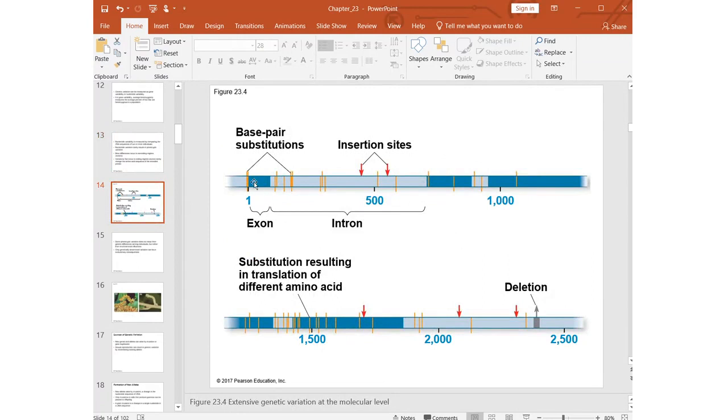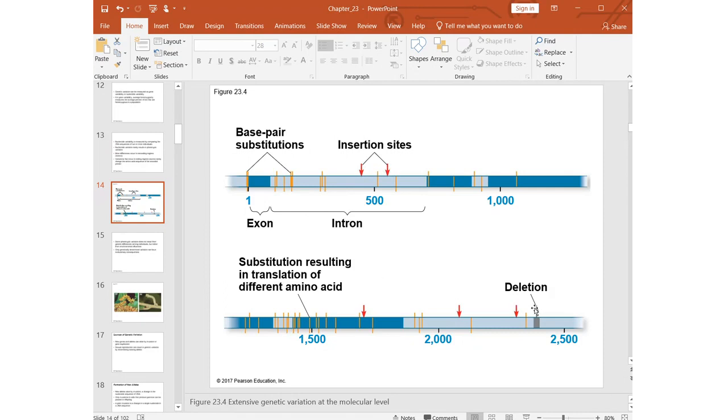So here, for example, you've got an exon. That has the code for a protein that's being coded for in this gene. And then here's an intron. And this intron will be spliced out before the exons are put together to be used for messenger RNA. In these two places, DNA has been inserted.